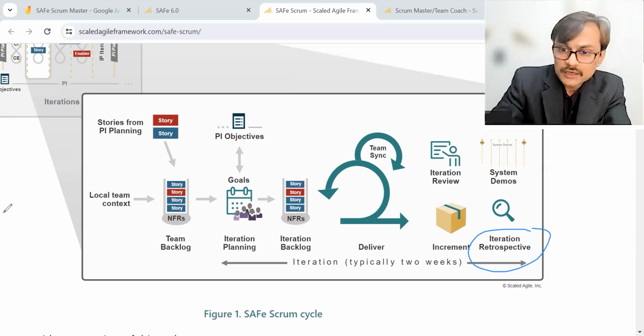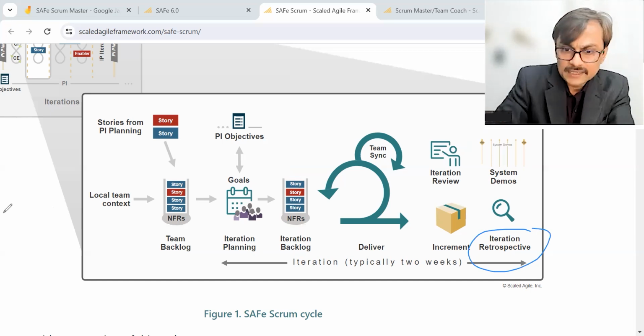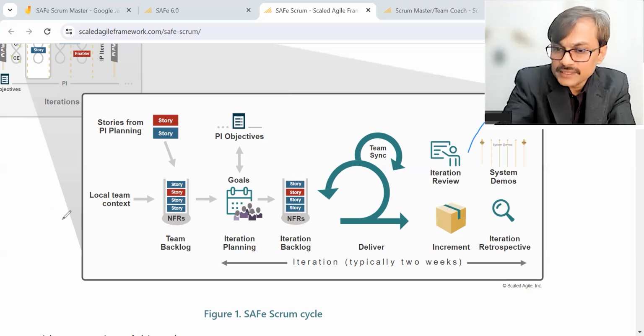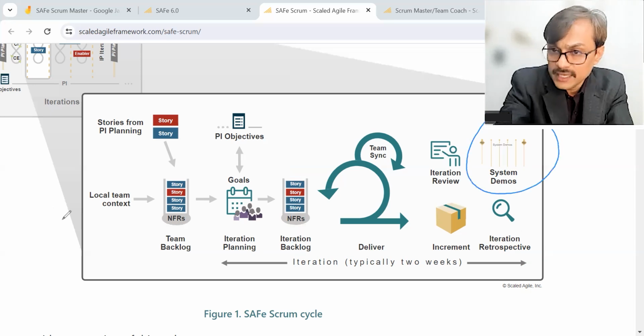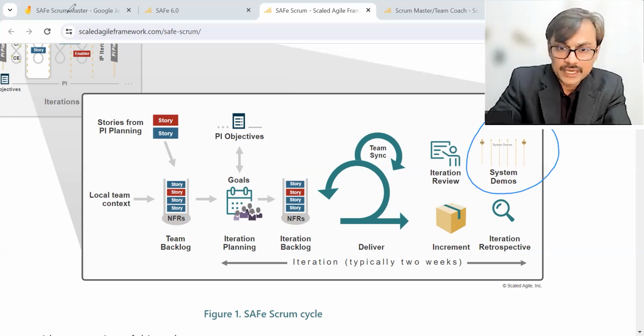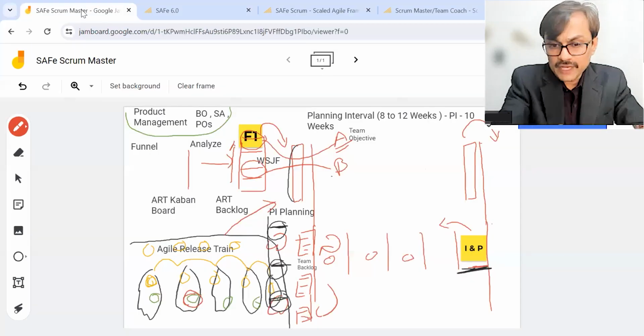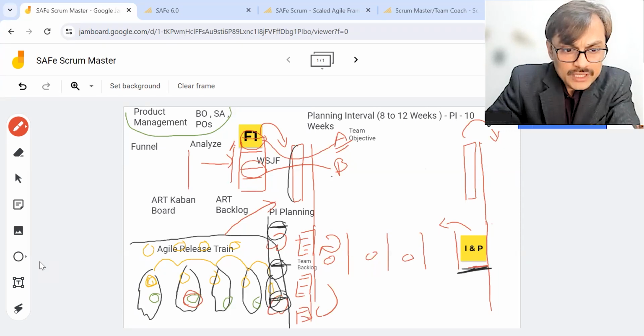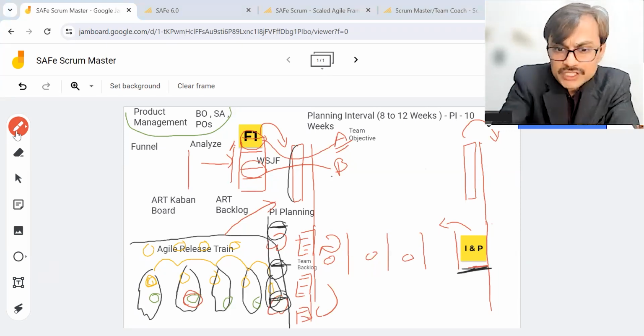Now, another thing, which is not part of directly my 2 weeks iteration, but there is an additional thing which happens in SAFe, we call it system demo. Yeah? So probably you got an idea when we were looking at the SAFe way of operating. So here, when we are executing and doing iteration review, each team is doing their local iteration review.